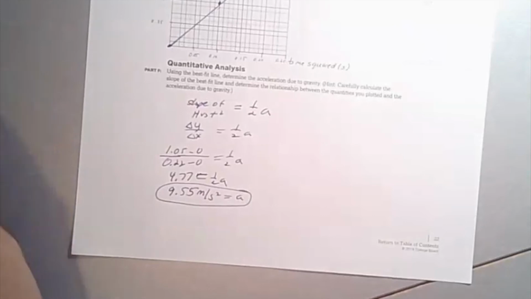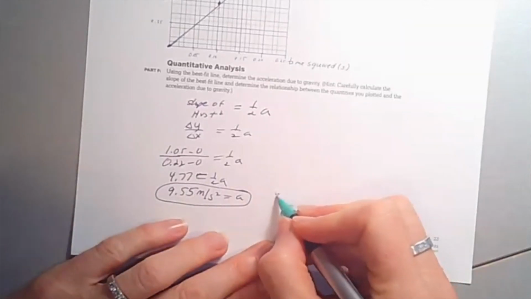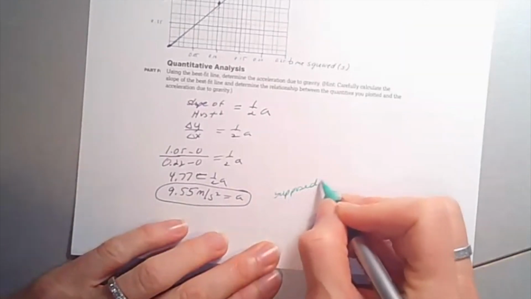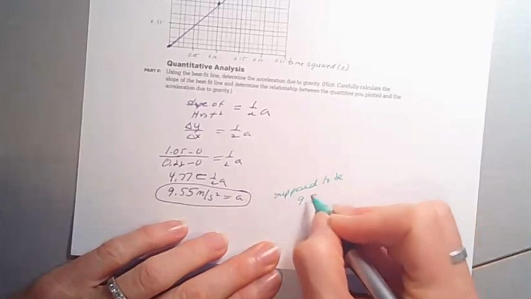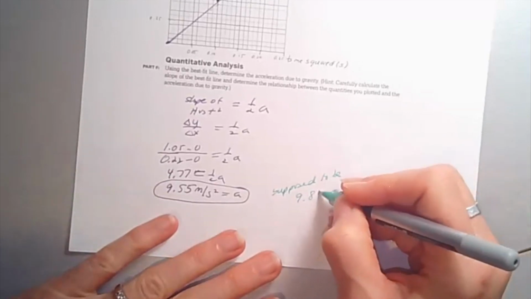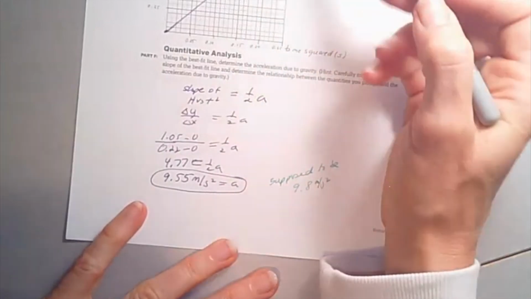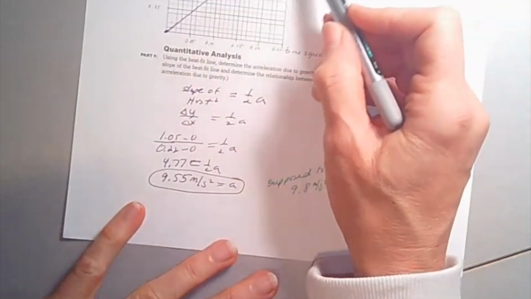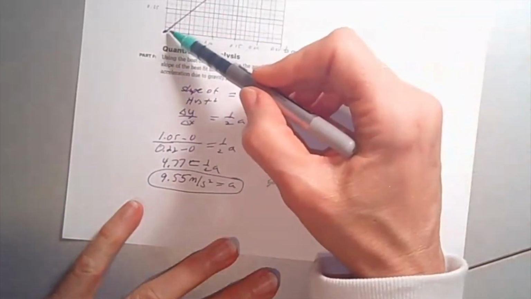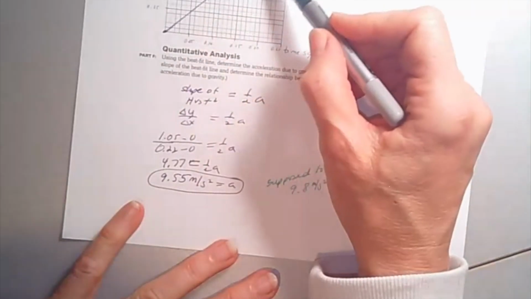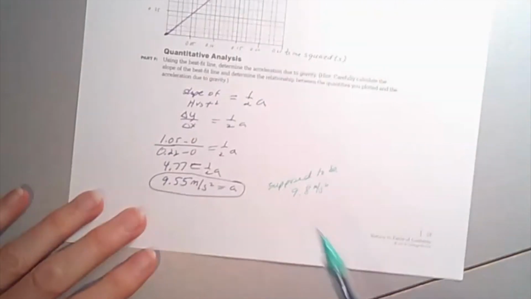Obviously, that's not exactly acceleration due to gravity, which is supposed to be 9.8, but that's pretty darn close. You might have a slightly different value because you might have drawn your points and your best fit line a little differently. Maybe I should have shifted it up a little bit because this is a little bit too small. But that's acceptable as long as you show your work.